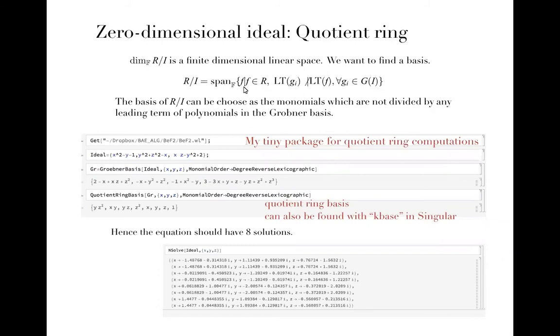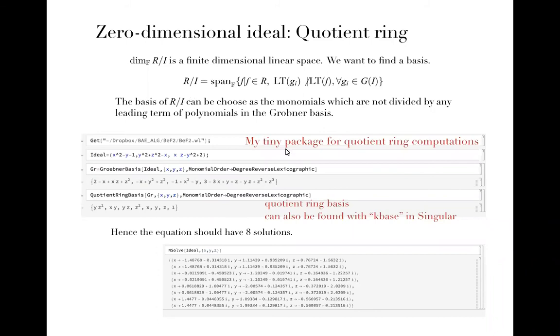Any polynomial is combined from monomials. You just need to find all the monomials not divisible by any leading term of the Gröbner basis. You exhaust all these monomials, then you get a linear basis of the quotient ring. Then just check: do I get a finite basis, or a countable but infinite basis? In this way, you can easily determine the dimension.